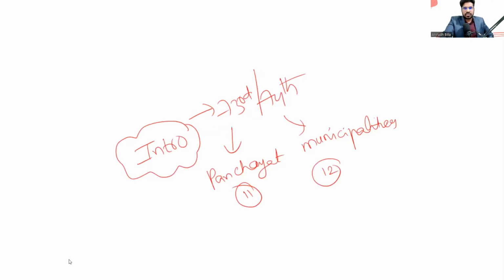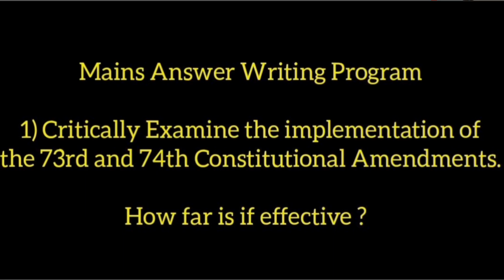Next, you should be asking, sir, what do we need to write in the body? In the body, they have asked you to critically examine, right? You need to write pros and also cons. You might be asking one more question, sir: in the question, they asked how far it is effective. The method I'm showing you is just an example so that you will get some idea.